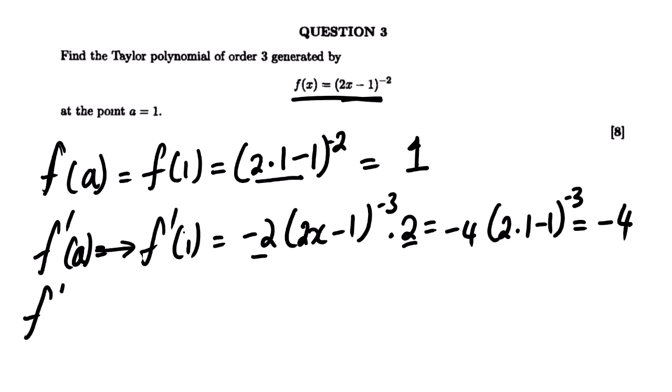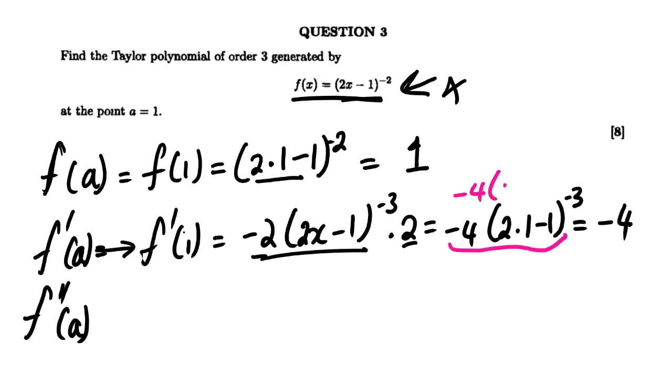Moving to the second derivative, remember we don't go back to the original function, no, we look at the simplified one, whereby we didn't substitute, which is negative 4 (2x minus 1) to the power negative 3.